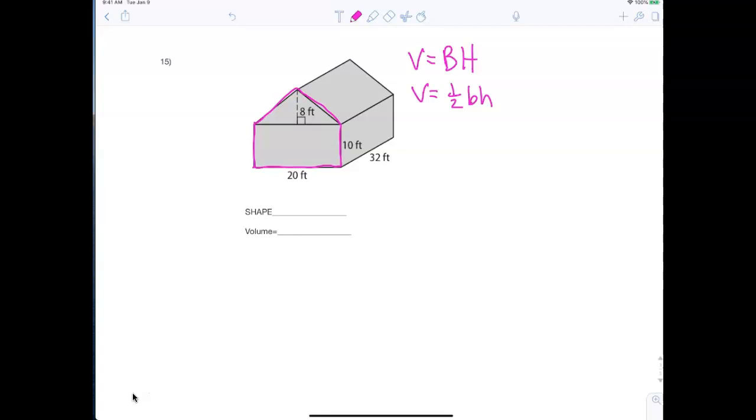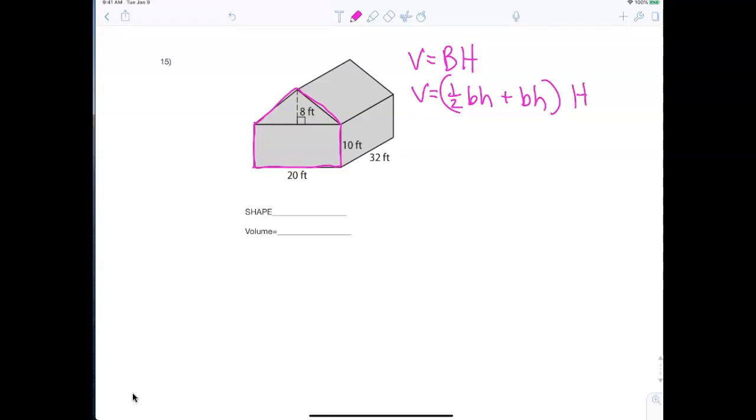What is the formula for area of a rectangle? Base times height. Now, what do you think we have to do to those two areas? You add them together, right? I'm going to add them together, and then multiply that by the height. That is it, guys.